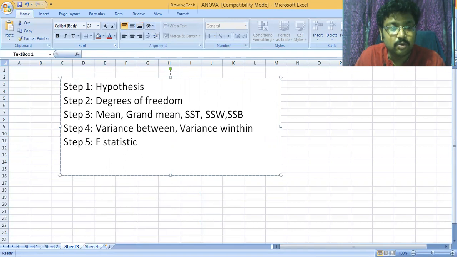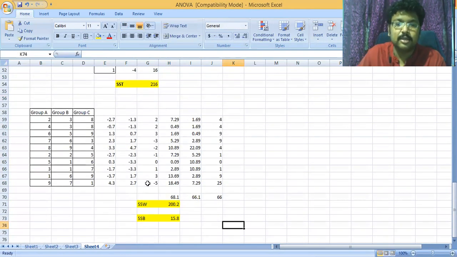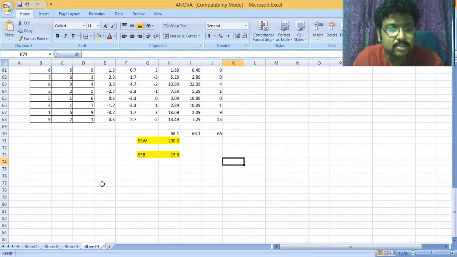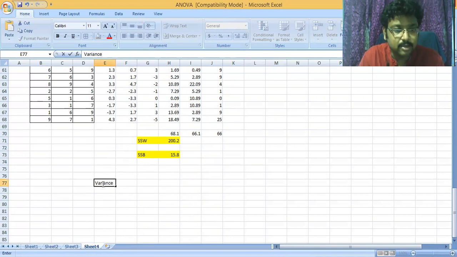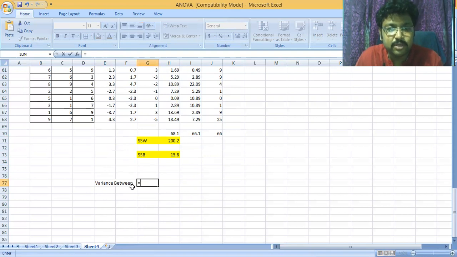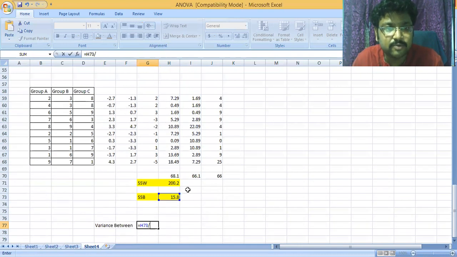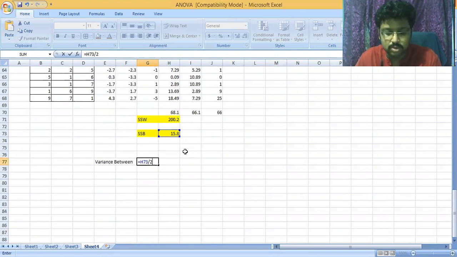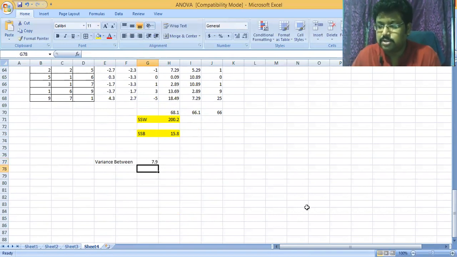The variance between is nothing but the mean square between, and it can be calculated by the sum of square between divided by the degrees of freedom between. Degrees of freedom between is 2.